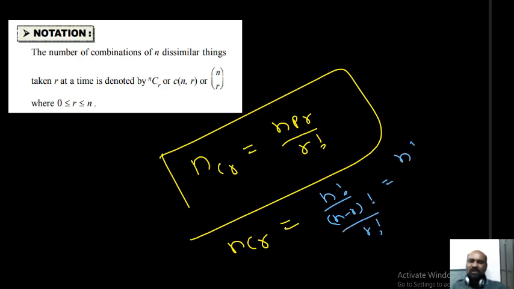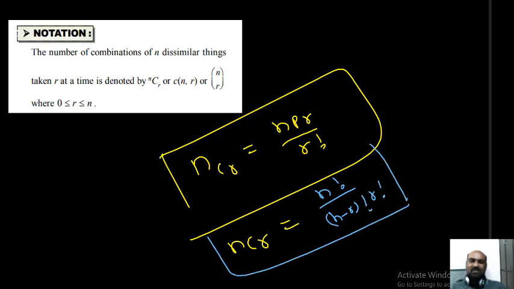Symbolically, it is N factorial by N minus R factorial into R factorial. This is another way to remember the formula for NCR: NPR by R factorial, or N factorial by N minus R factorial into R factorial.